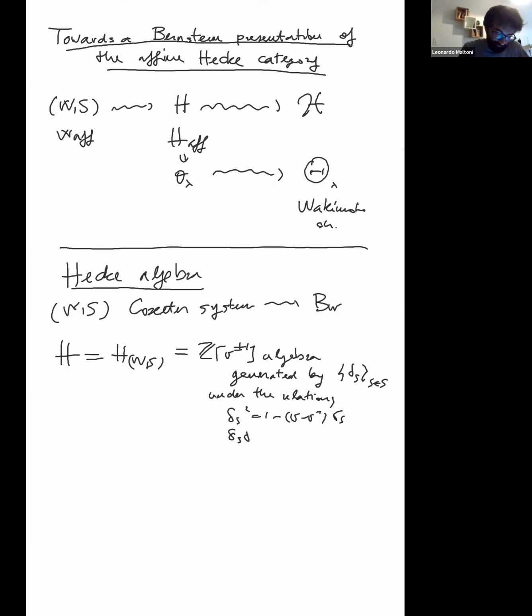We have this deformed version of the involution relation, and then the braid relation. So in particular, this is a quotient of the Z[v, v^-1] group algebra of the braid group.